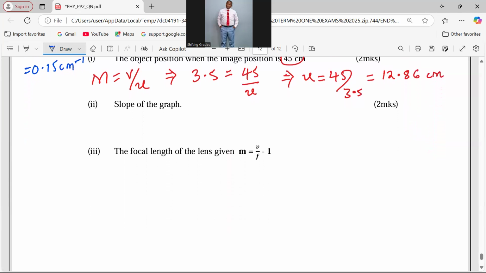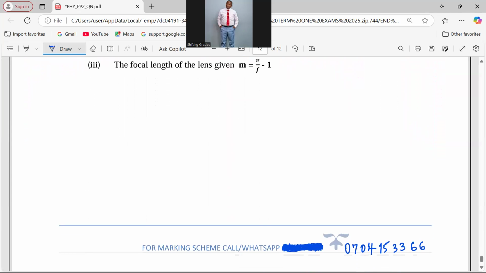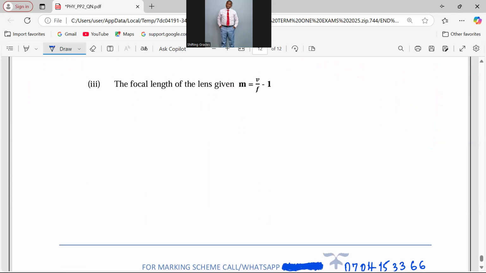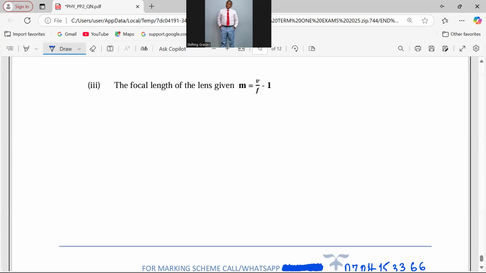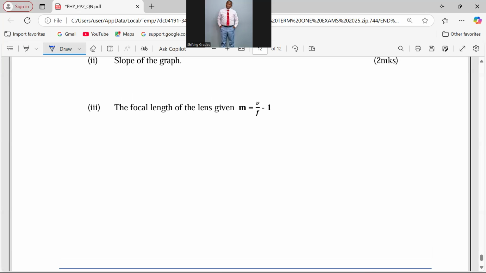Now that the slope has been obtained, look at the third question. We are asked to find the focal length of the lens, given that magnification M is given by V over F minus 1. What we're going to do is relate this equation to the general equation of a straight line, Y equals mx plus c.